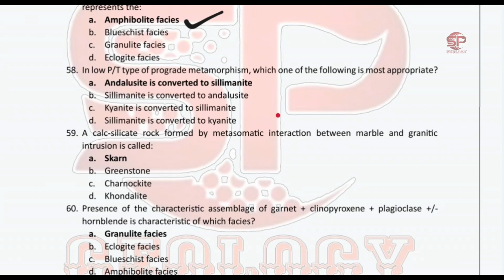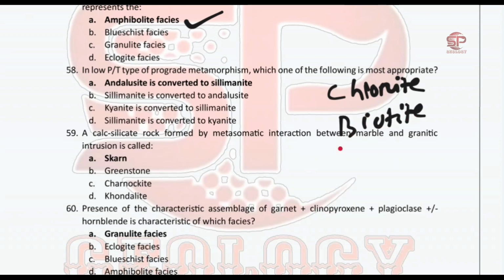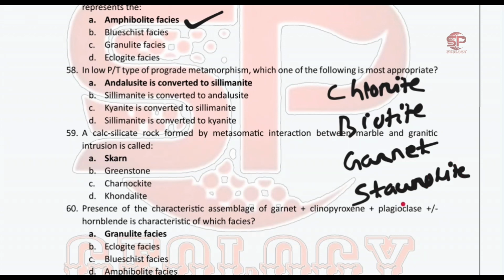So if you see the Barrovian zone, this chlorite, biotite, garnet or almandine, you can say, then staurolite, then kyanite.